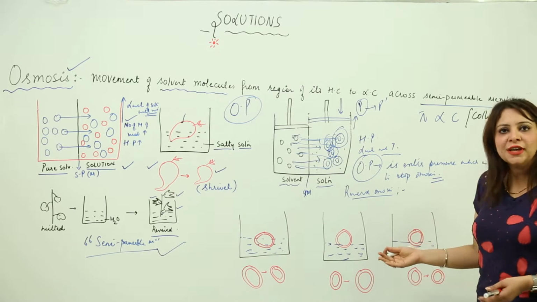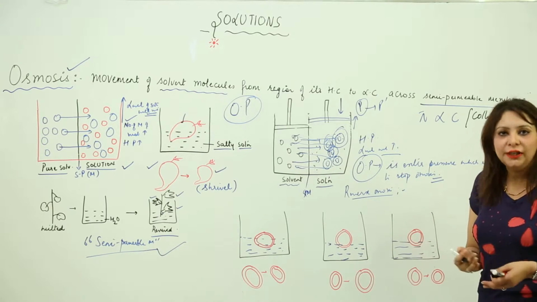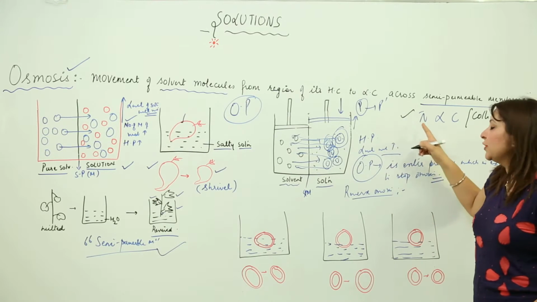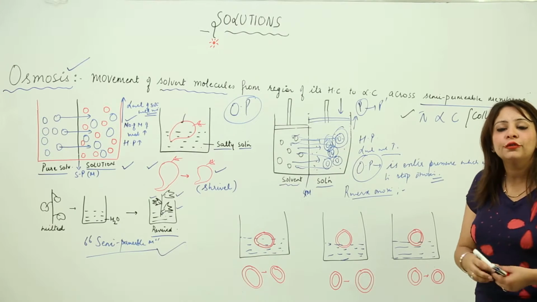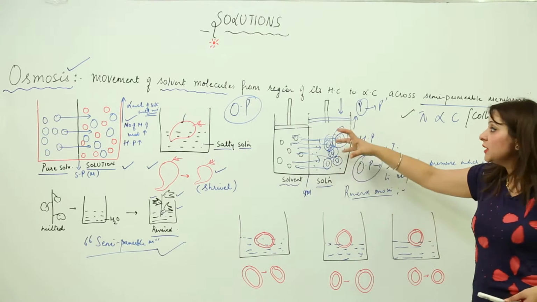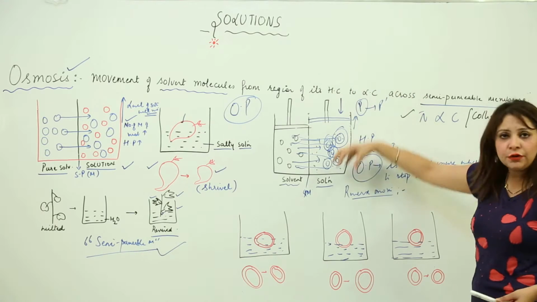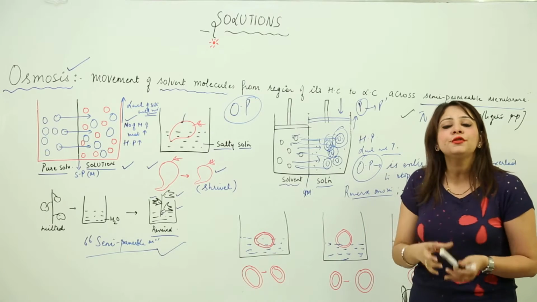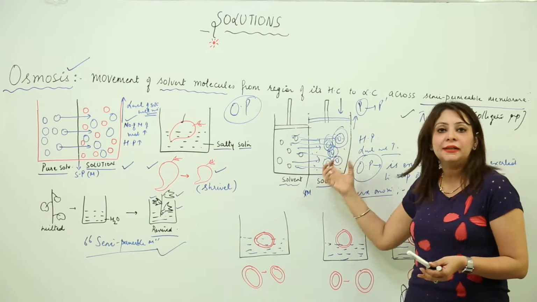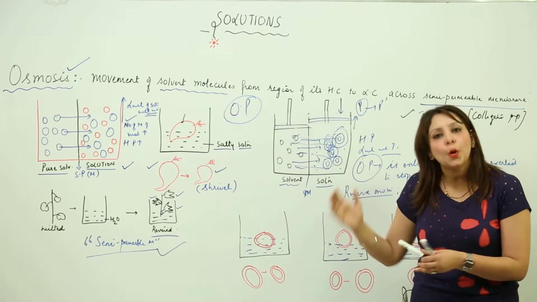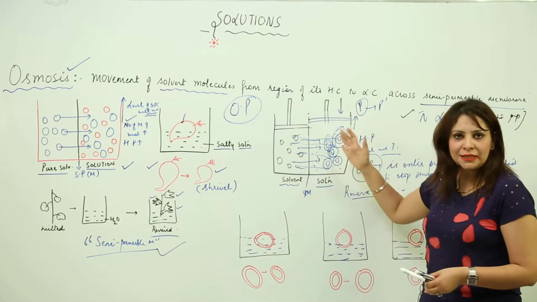We are studying this process because we want to prove osmosis as a colligative property, and hence we have reached the conclusion that osmotic pressure is directly proportional to the number of solute particles. This is because the pressure we apply from outside should be enough to move the solvent particles back, whether we are talking of reverse osmosis or just stopping the osmosis, right? So this is what is going to happen here.